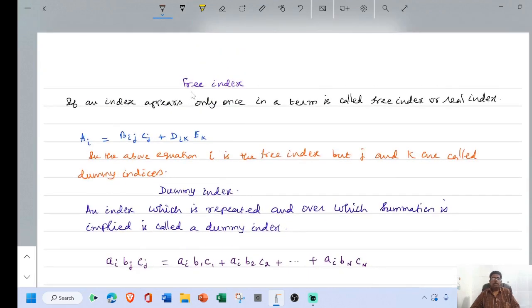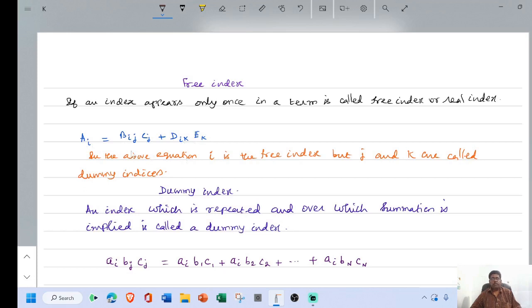Now we may define a free index. If an index appears only once in a term, it is called a free index or real index. See this equation: ai equal to bij cj plus dik ek.